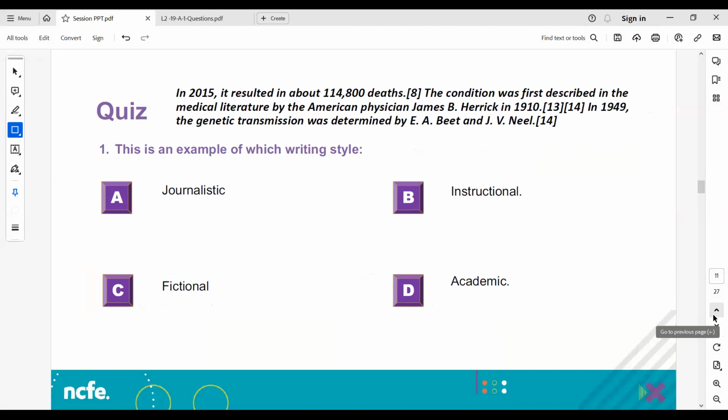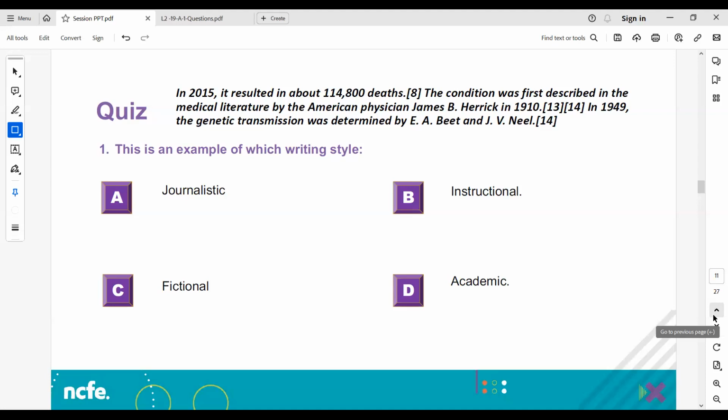So if you just read through it and then you can just call out what you think it is. It's academic. Good, it's academic.